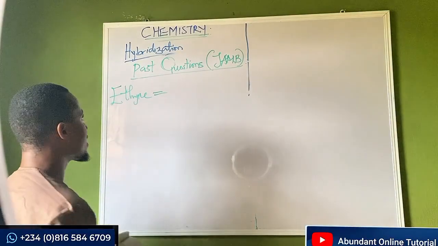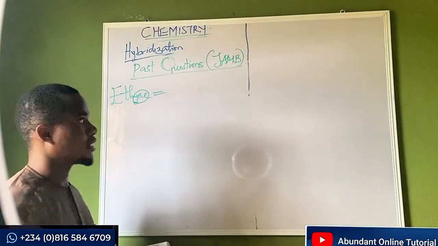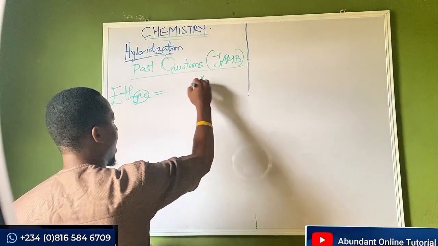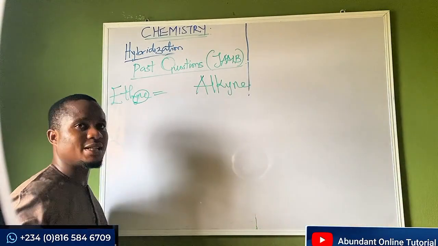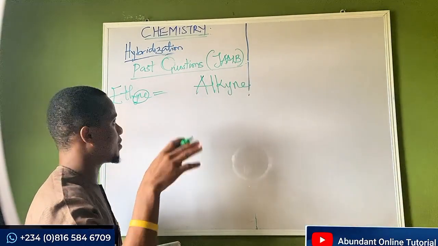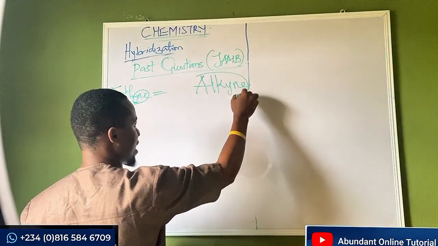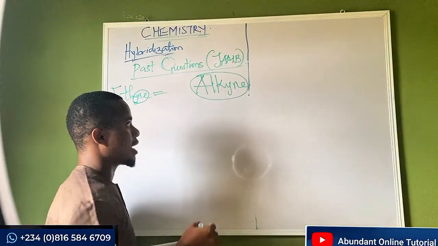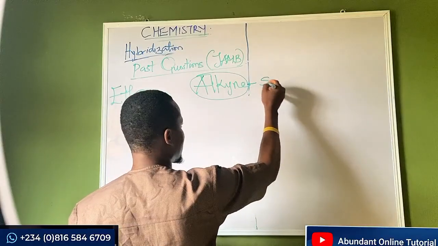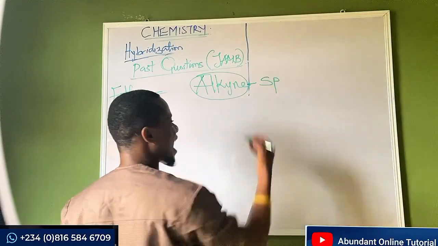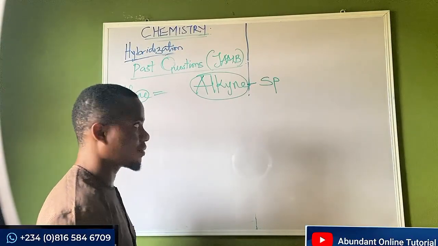So for ethyne, it belongs to the group alkyne. In the table I gave earlier, I said any alkyne is sp hybridized.